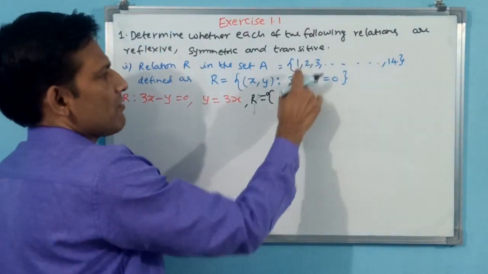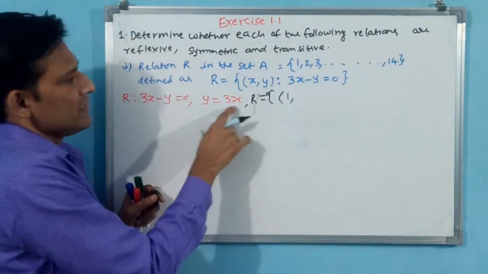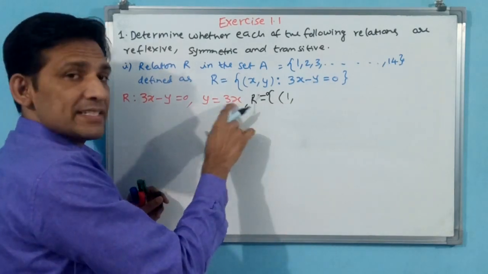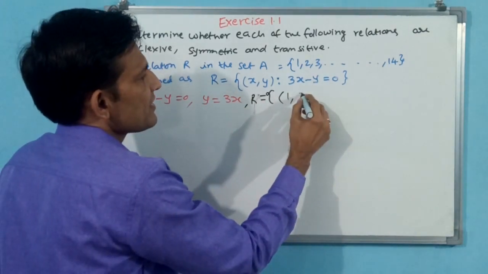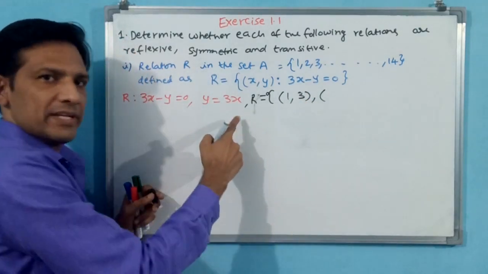Now I have taken 1. Then what will come in y? y will be 3x. What is x? x is 1. 3 into 1 is 3. That means here 3 is going to come. You understand how 3 has come.